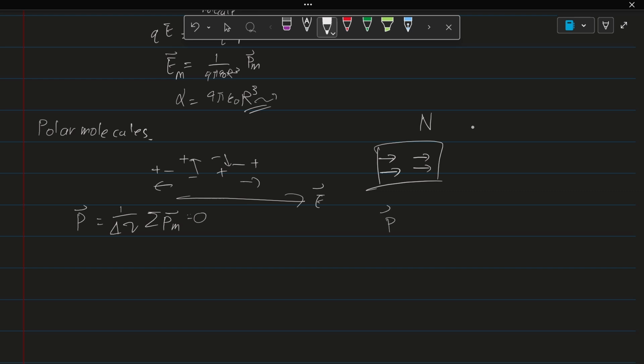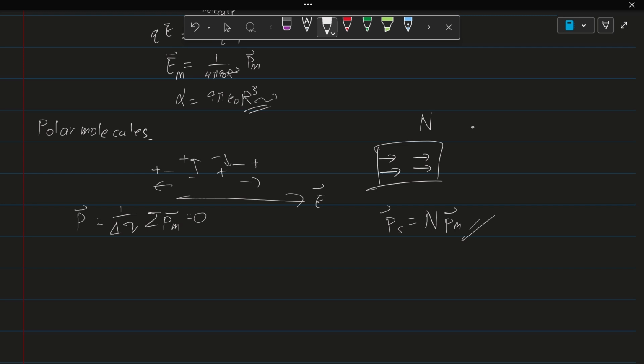So the saturated polarization is going to be the amount of polar dipole moments within a given cell, that's going to be big N times the molecular polar dipole moment. This would give you the saturation polarization. But we need a much better way.